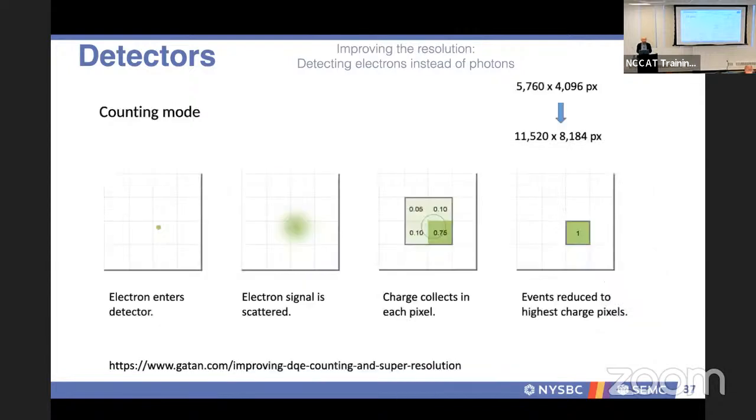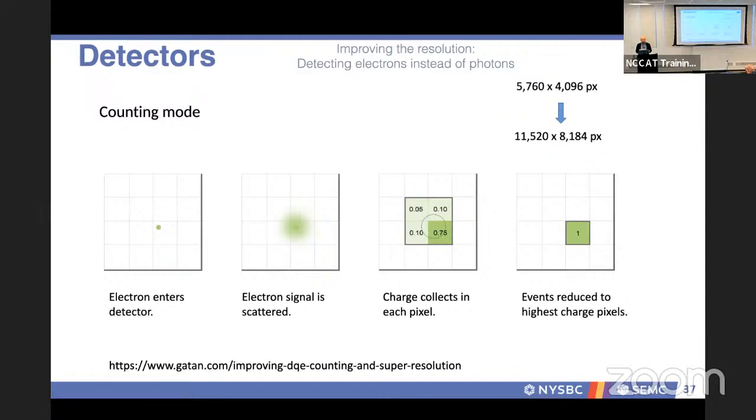So what do we mean by that? In counting mode, your physical pixel is your image pixel. In super resolution, you quartile your pixel, so basically you go into each quadrant. Using super resolution light microscopy techniques, if an electron hits the upper left quadrant, you can see that hit pixel, and you can see the bloom effect on the neighboring pixels to better centroid it.